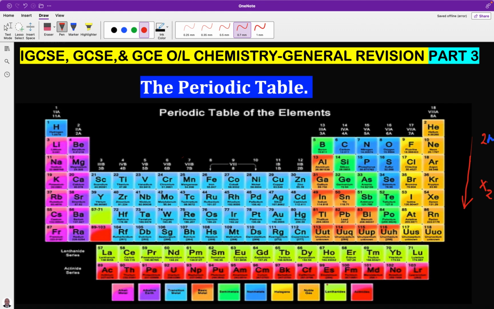So they do not need to share, lose, or gain electrons to achieve a full outer shell. Because they have a full octet, they do not need to share, gain, or lose electrons. For this reason, they are very, very unreactive.